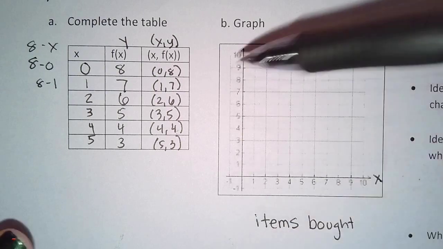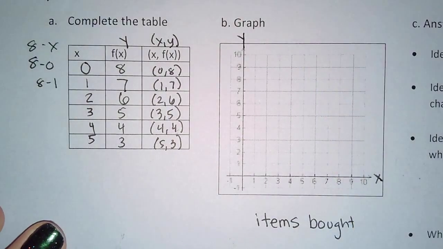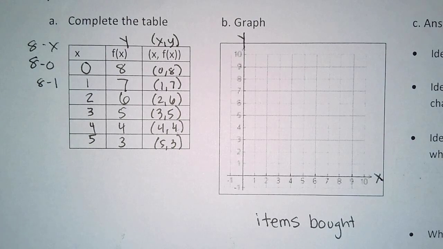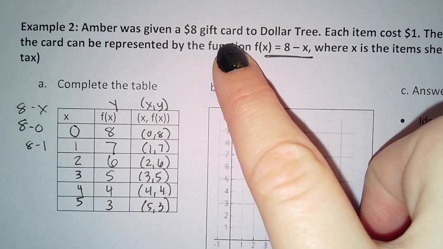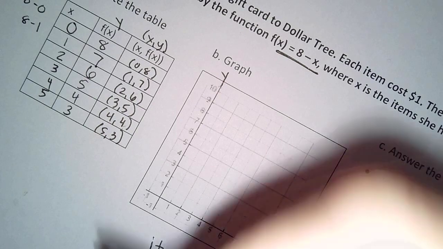So now the y-axis here. What do you think that should be? Money that we have, and how is our money represented? It's not cash. It's on a gift card. So it'll be the money on the card.